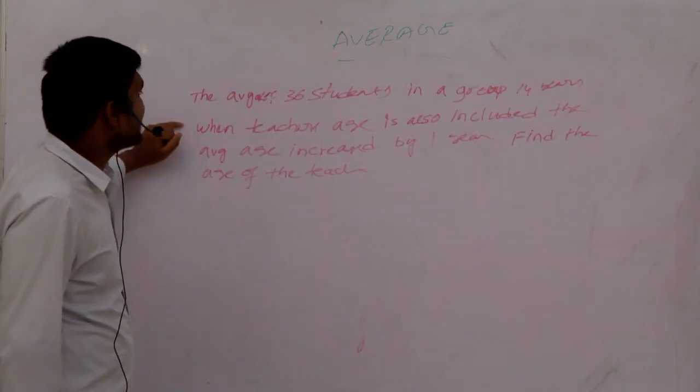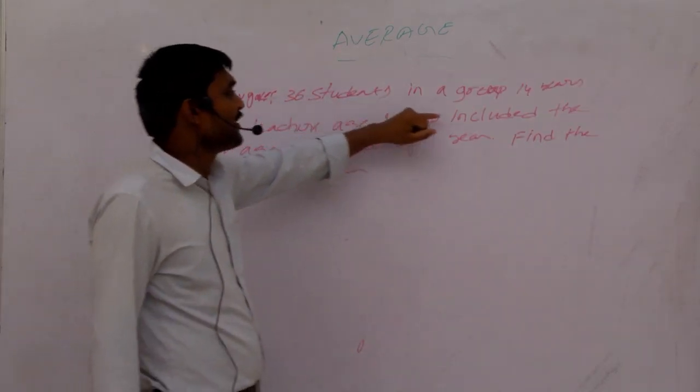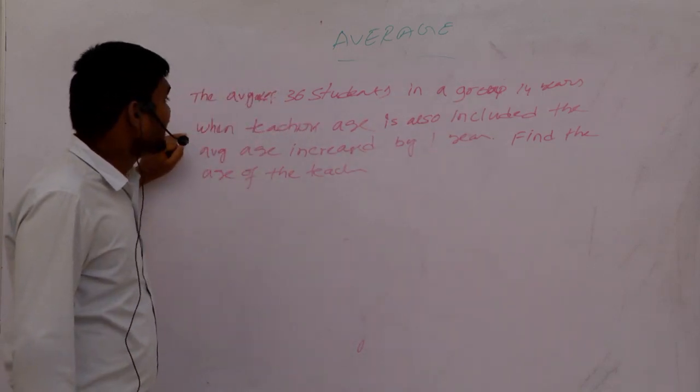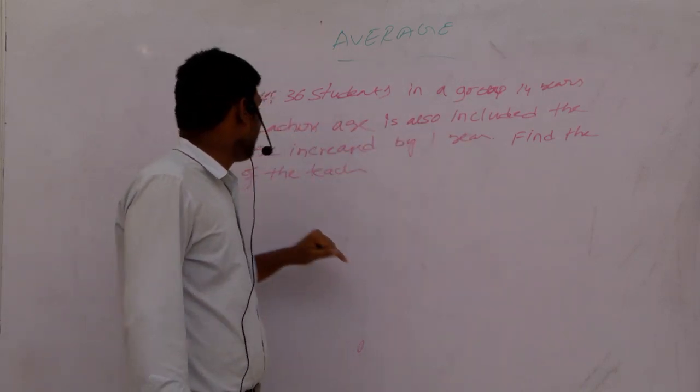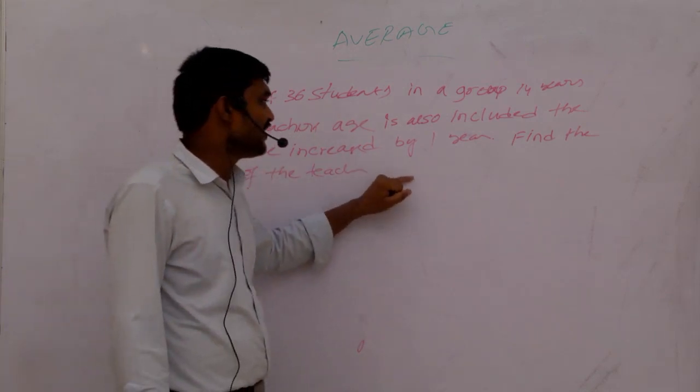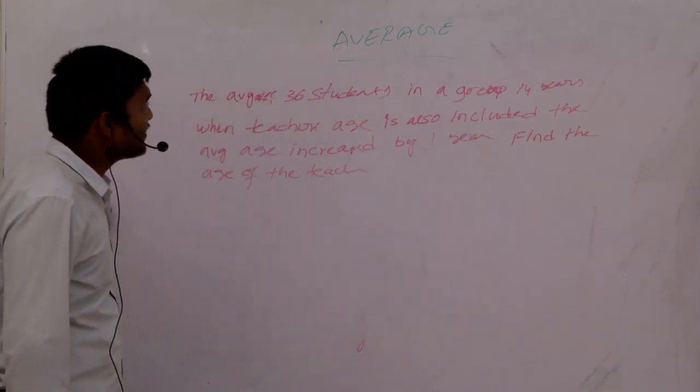So the average age of 36 students in a group is 14 years. When the teacher's age is also included, the average age increased by 1 year. Find the age of the teacher.